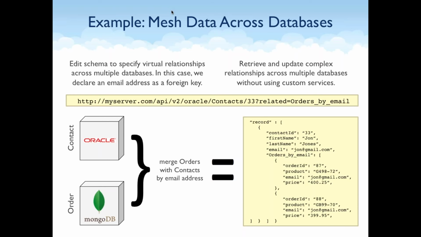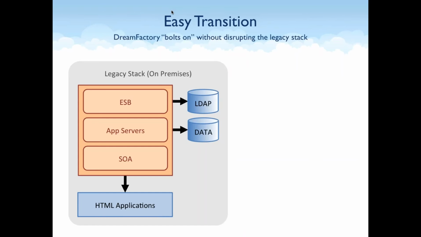And what that's going to do is it's going to actually fetch orders in a MongoDB database that has the same email address as the person that's on that contact 33 record. So this is a powerful construct. You can also do this with things like server-side scripting, but this is a very easy, convenient way to implement sophisticated data meshing without writing code. So we'll talk a bit about that.